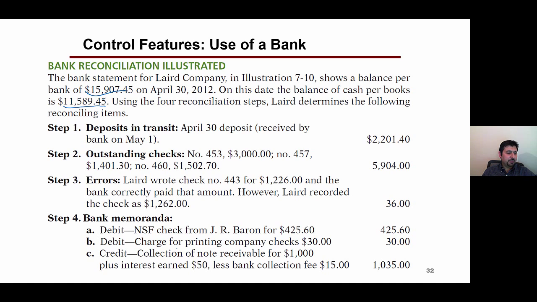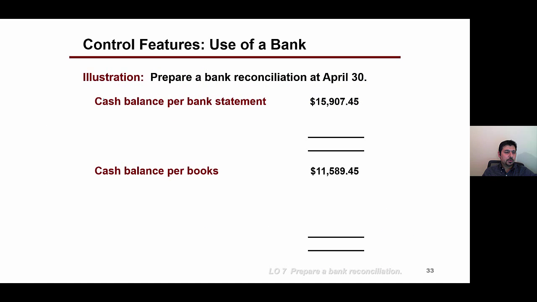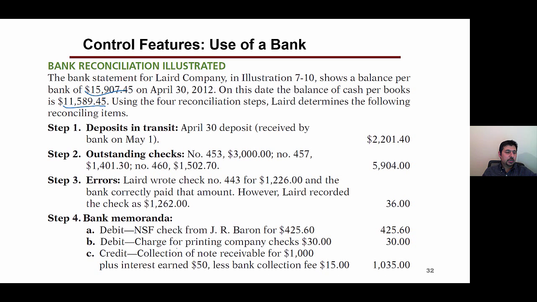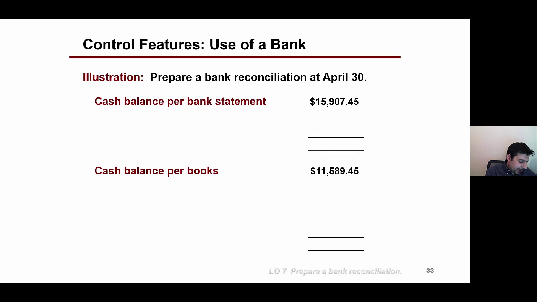So we have those deposits in transit, outstanding checks, errors, and bank memoranda. So we do that one by one. First, we start from the cash balance per bank. From what we saw before, for the cash balance, we always add.